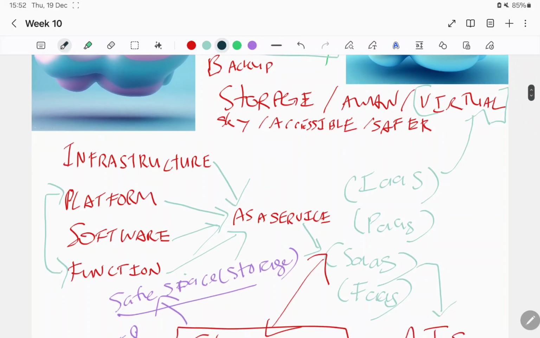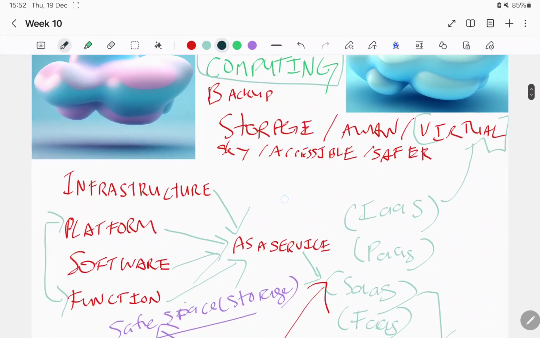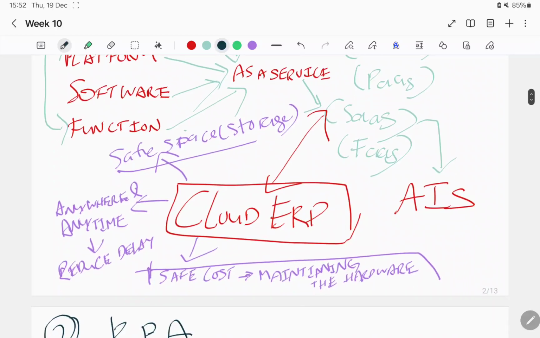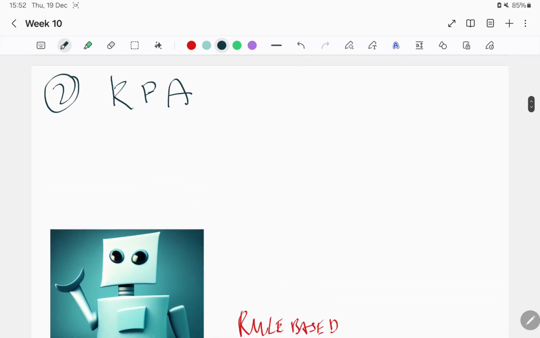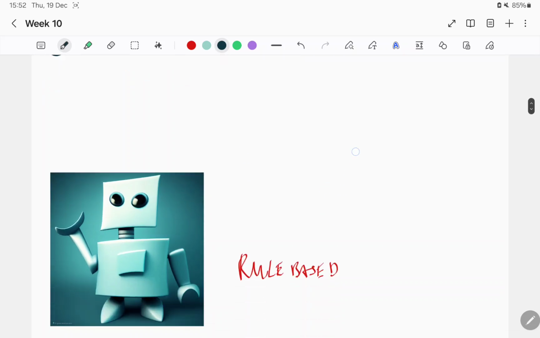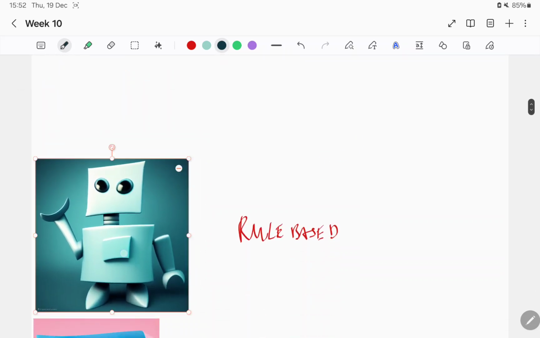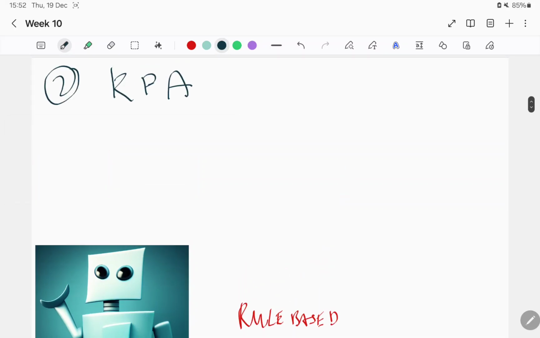It evolved from one stage to another stage. Before, everything was on the computer, then now everything goes to the cloud. So what about robotic process automation? There's also some evolution before they come to this stage.